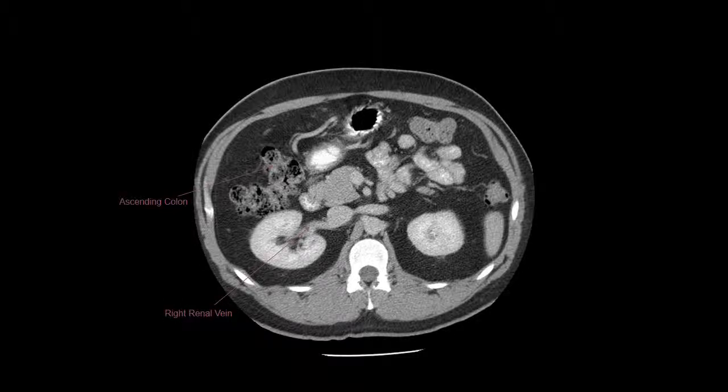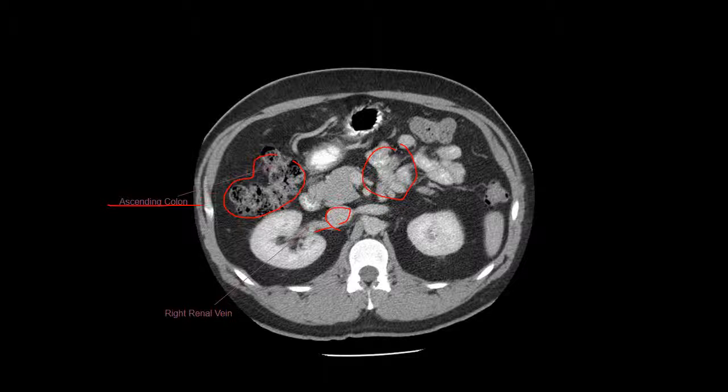B. So your right renal vein, which is dumping into the inferior vena cava, and then your ascending colon, because we're getting lower and lower on that side, but this is all stool. And you can kind of tell this is colon for a couple of reasons versus small bowel, which is over here. Why is that? One is colon's job, especially, is to take out all the water it can.